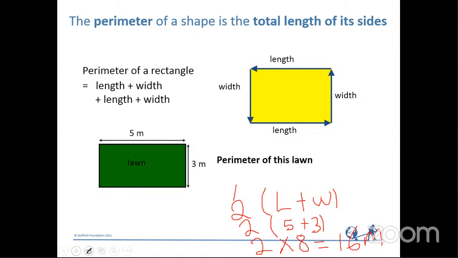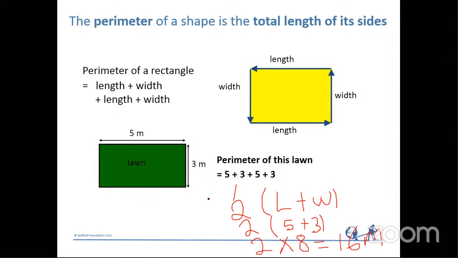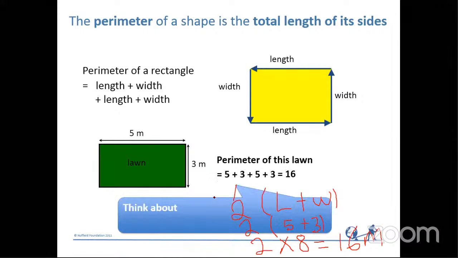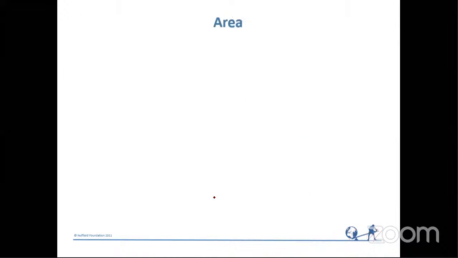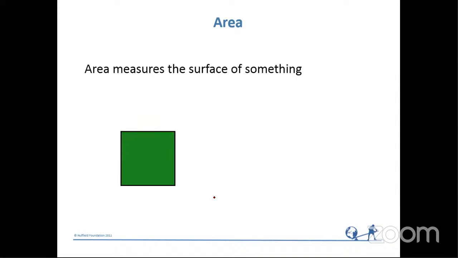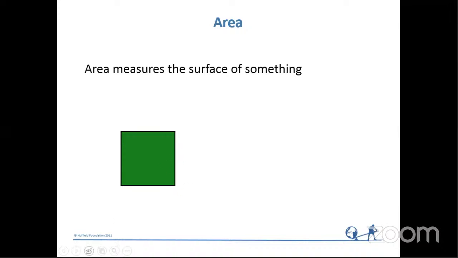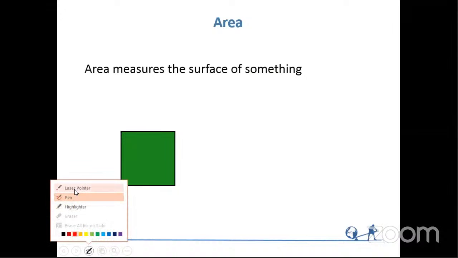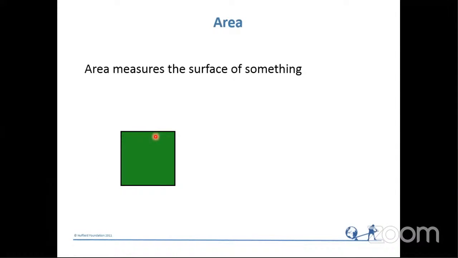So we can continue. Then we go to the area. Area measures the surface of something. So here we have, which figure is that? A square. Okay.